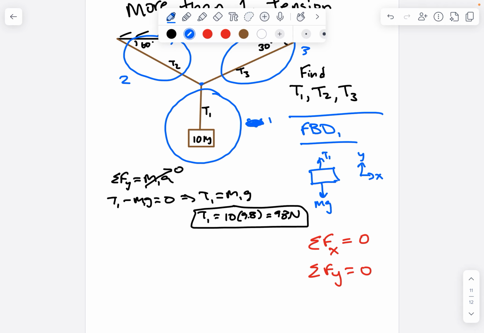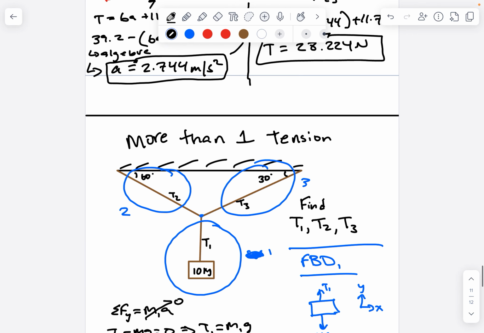So for T2, we have the x component to be T2 cosine 60. And where I get that is, if we just take, actually I'm not going to draw it in the center, I'm going to draw it here.